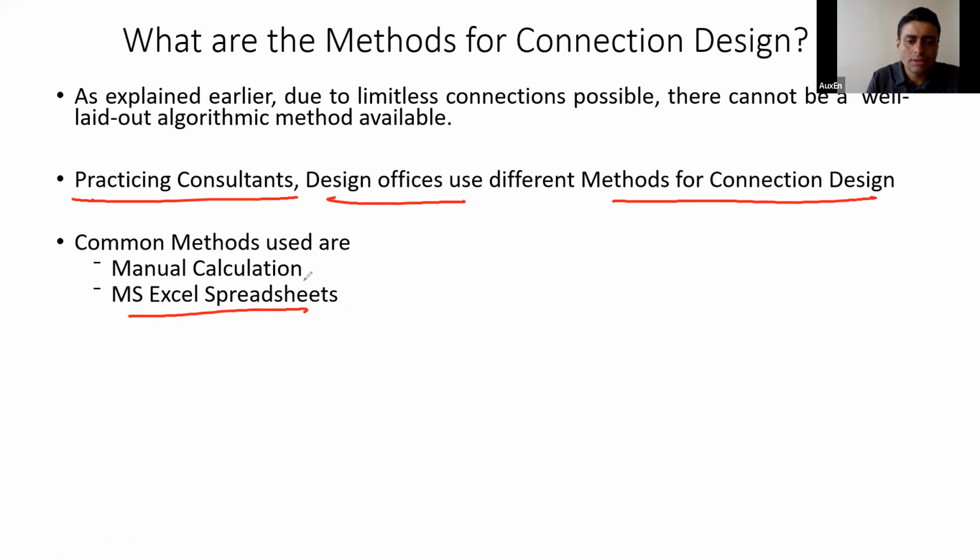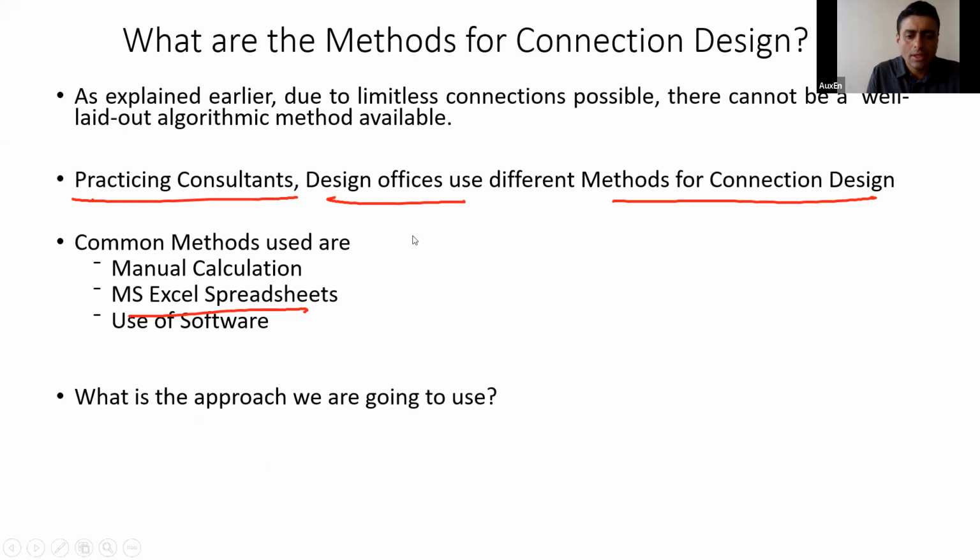Some others use some software available in the market, for example, software like RAM Connection or Idea Statica or any other software for connection design. So different people use different methods for connection design. There cannot be a well laid out process because of the large variations in the connection types possible.